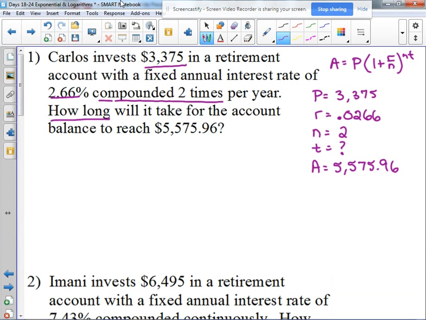So let's plug that into our equation. Technically, you could go ahead and start plugging into the equation. I just wanted to write it down over to the side to be clear.